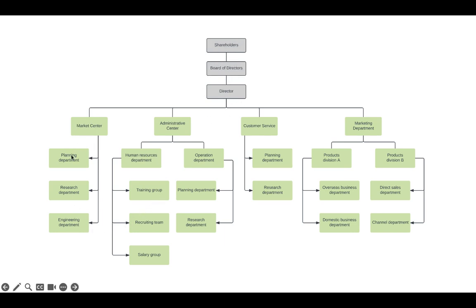But the green are not people. Instead, they're functional units. All right, so they consistently have all the people below this line broken down into functional units right here. And then up top is just people. All right, so we have market centers. So these three functional units report to this unit. These two functional units report to this unit, and these three report to that, and so forth.